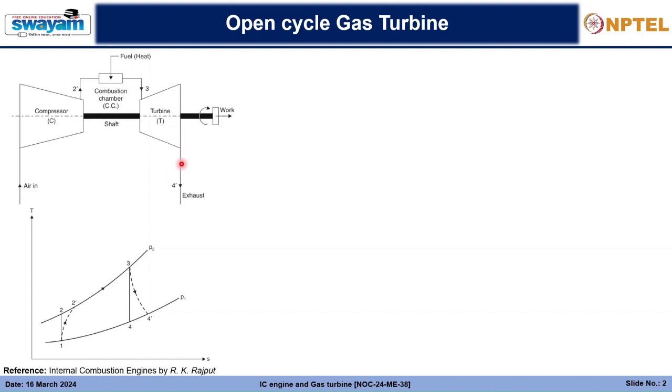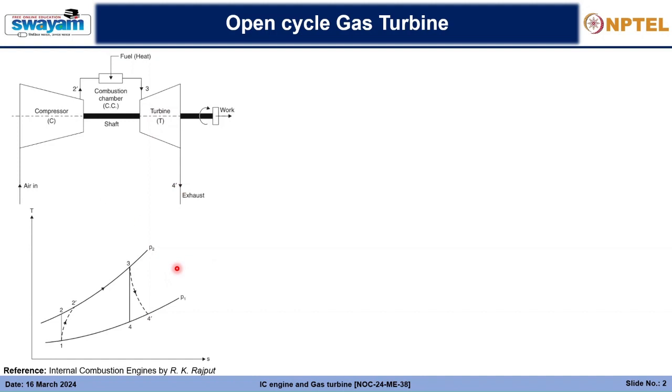So we are losing some energy into the surroundings, and we need to make sure that this energy loss is very small in order to take care of the efficiencies. And we will later learn that in certain methods like regeneration, we can utilize this energy so that we can go very near to the inlet conditions, and that way we can save the energy which is coming out from the exhaust gas.